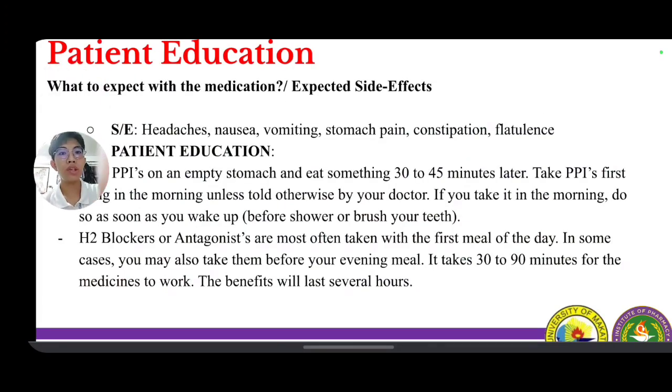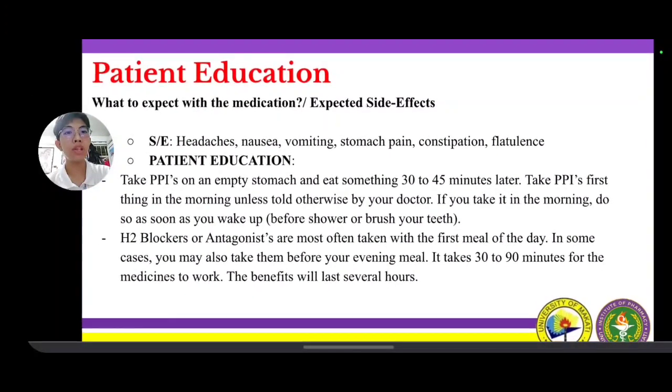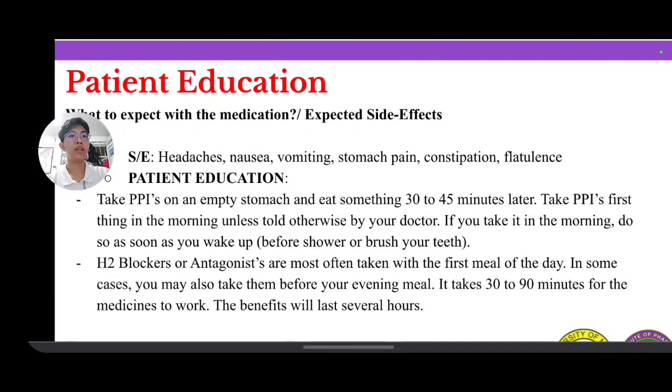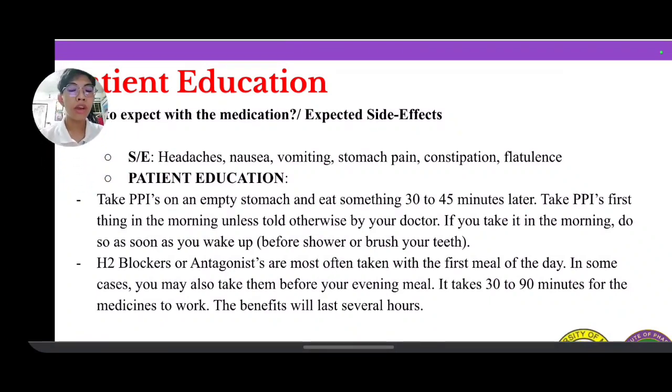So for the patient education, in order to educate the patient on what to expect with the medication and expected side effects: first, the common side effects of medications like proton pump inhibitors are headaches, nausea, vomiting, stomach pain, constipation, and flatulence.